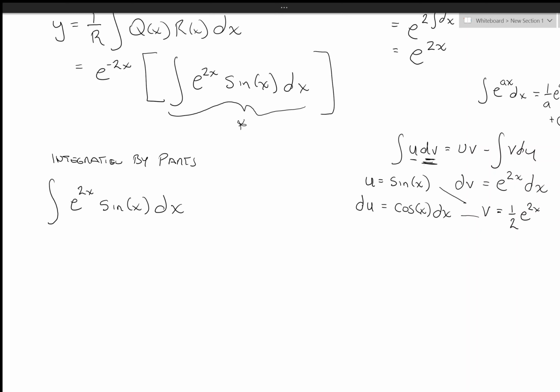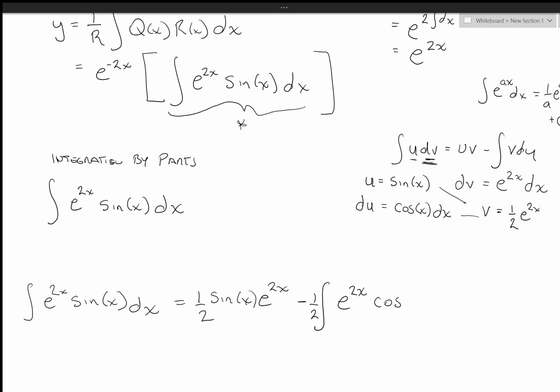So it equals uv, so that is sine x times 1/2 e to the 2x, minus the integral, and here's where we get our v du: the 1/2 e to the 2x, and du is cos x dx.